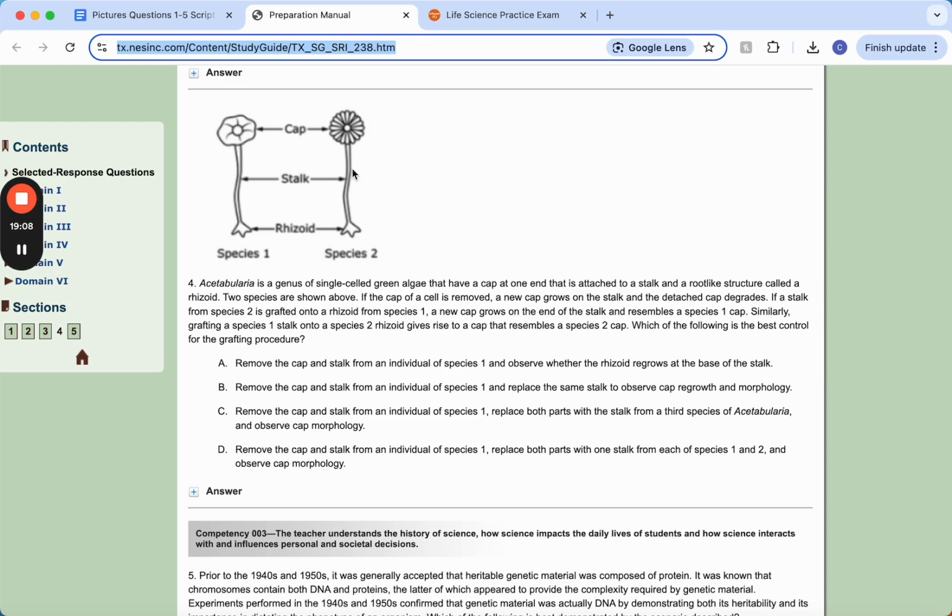C, remove the cap and stalk from an individual species 1, replace both parts with the stalk from a third species of the plant, and observe cap morphology. And then D, remove the cap and stalk from an individual of species 1, replace both parts with one stalk from each of species 1 and 2, and observe the cap morphology.